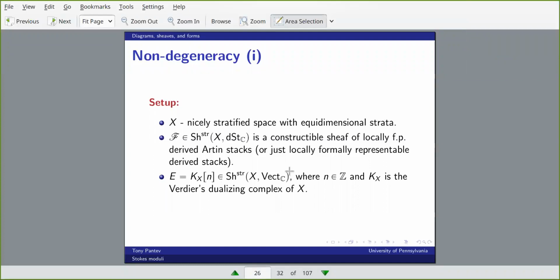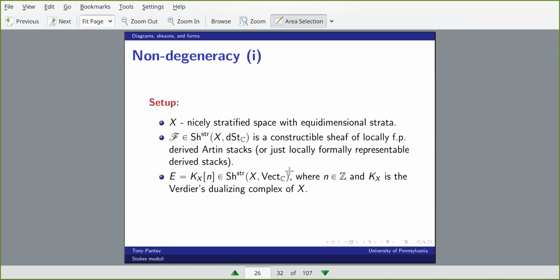I'm sorry, what's equidimensional? I mean, this is a topological space, right? No, remember, it was a good stratification. So a good stratification was locally conical. So you can talk about dimension of the strata. They're cones over affine spaces. Is it like a complex space, or real, or what?